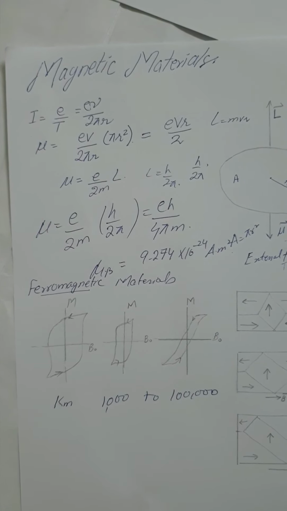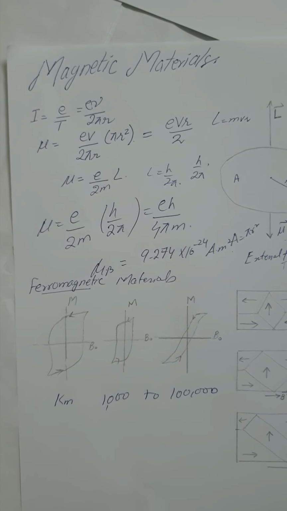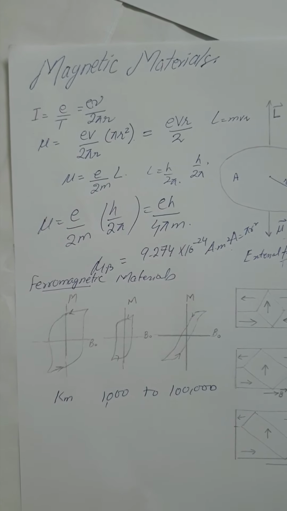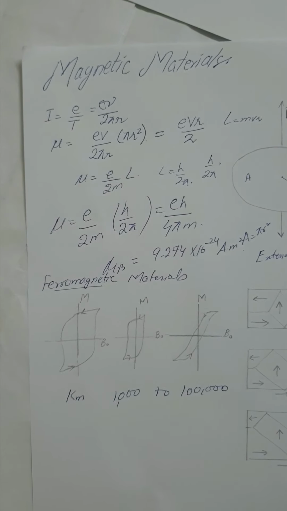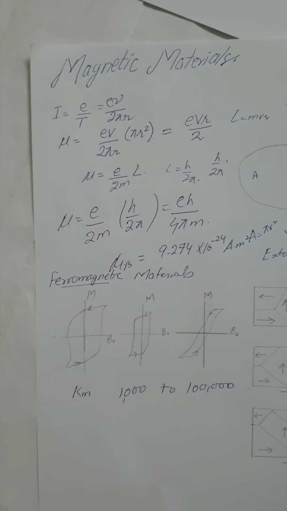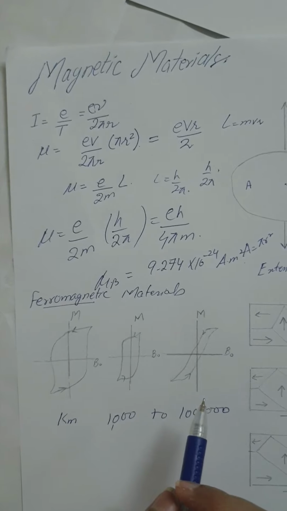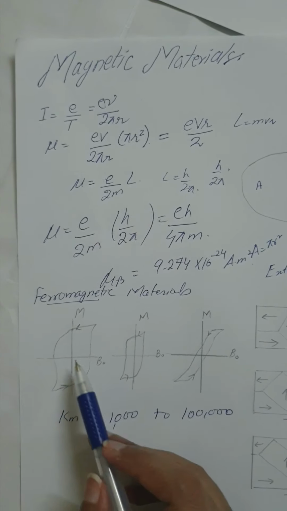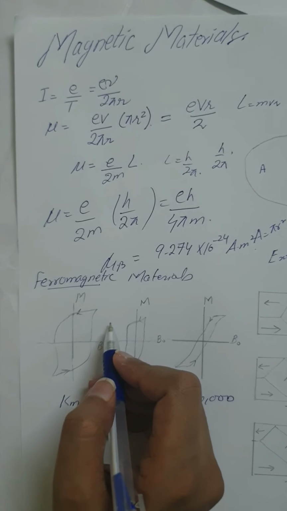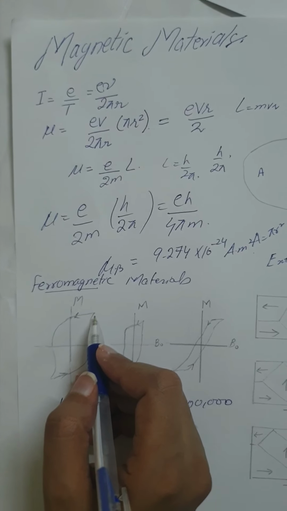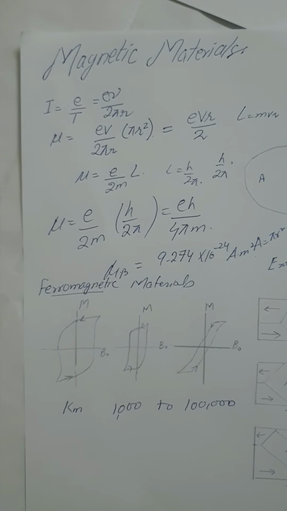And for many ferromagnetic materials, the relationship of magnetization to external magnetic field is different when the external field increases from when it is decreasing. So here such type of relationship is explained. When the material is magnetized to saturation, and then the external field is reduced to zero, some magnetization remains.